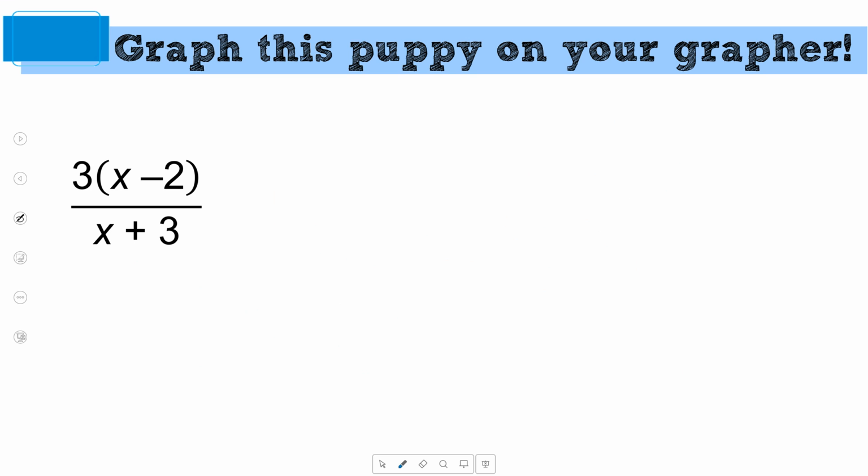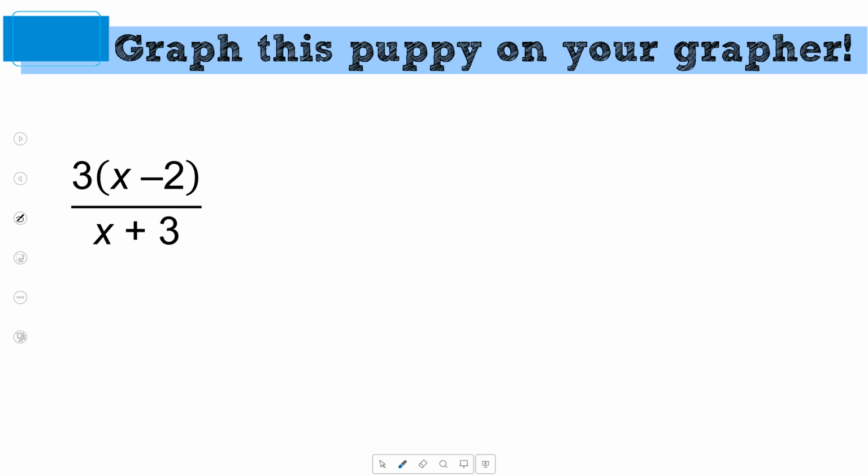All right, graph it on your grapher. Grapher is a fancy term for either your calculator or Desmos. Before you graph it, however, Hafiz, tell me where the vertical asymptote is. -3.